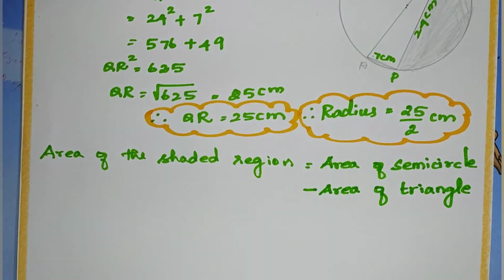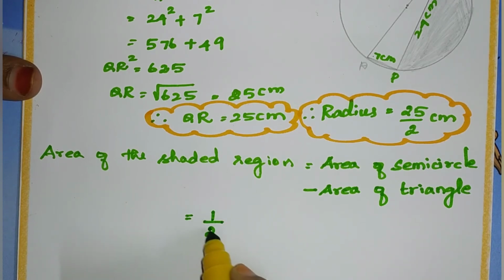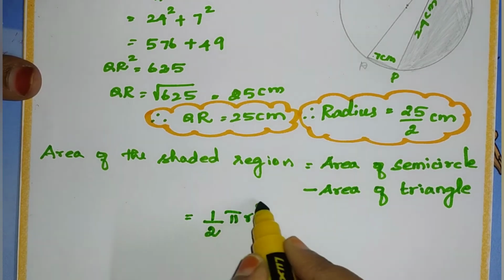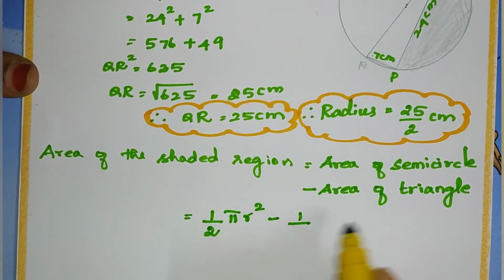Okay. So area of a semicircle formula is equal to half pi r square, minus area of a triangle formula, half into B into H.